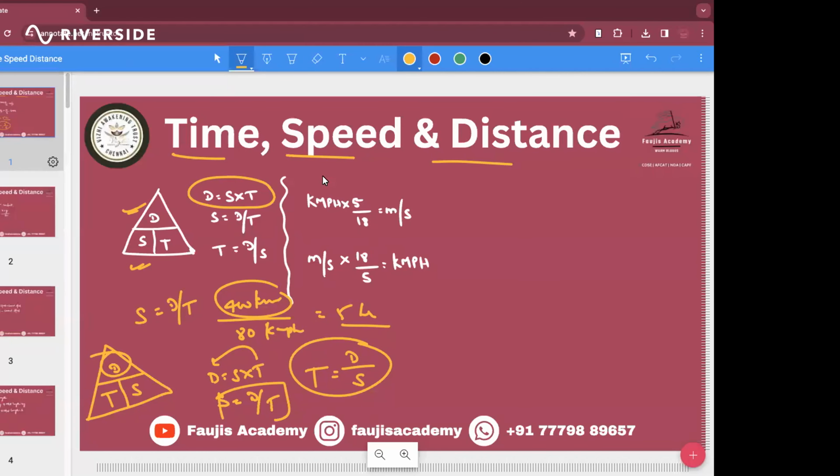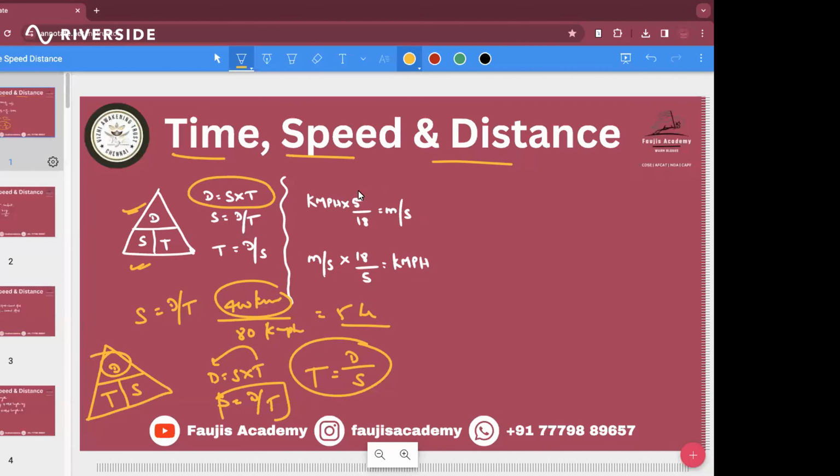Okay, let me say the other aspect I wanted to cover, the conversion from kilometer per hour to meter per second. So let's say I'm saying 72 kmph. I want to turn this into meter per second.